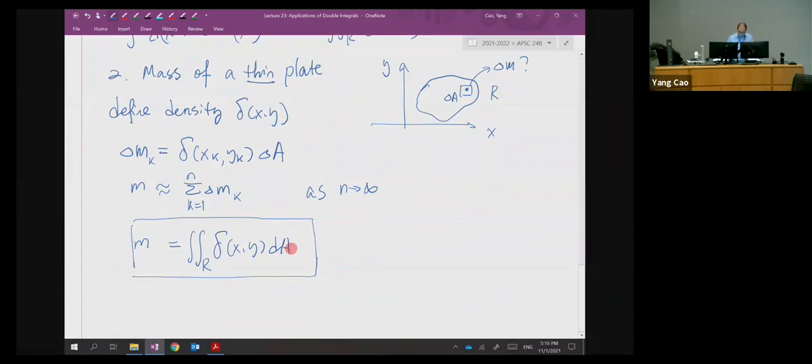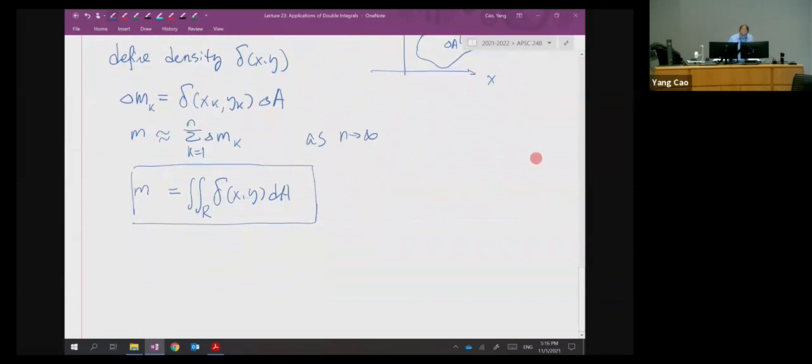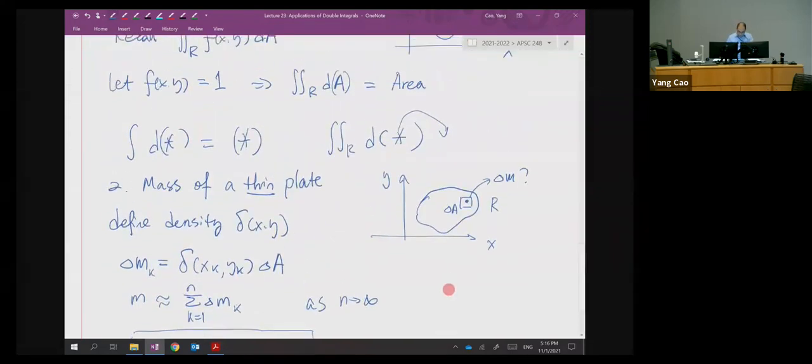So really, this is just a double integral. You're just giving this double integral a meaning in terms of mass now. Remember, this is how we covered double integral. When we started double integral, we talked about the volume below a certain function and above the region R, so we ended up with the double integral formula.